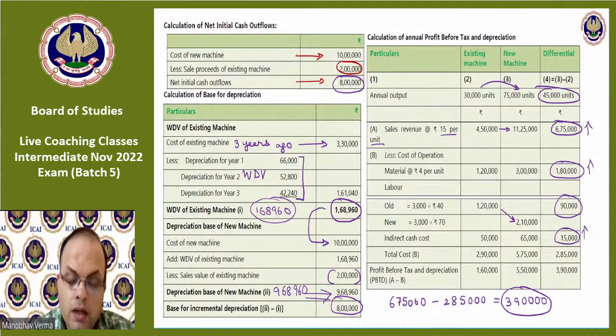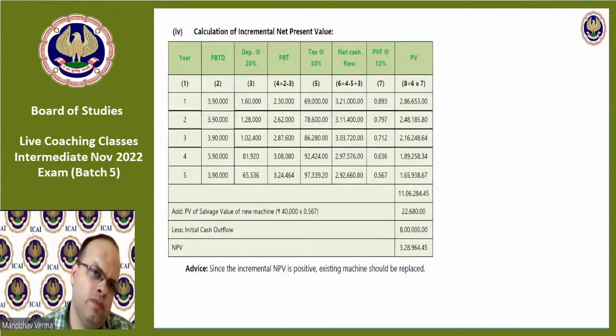Okay, great. So, guys, 3,90,000 is the profit before depreciation and tax. We discussed that depreciation is on a written down value, and depreciation will be on the additional investment of 8 lakhs. Now, let's try to understand that.